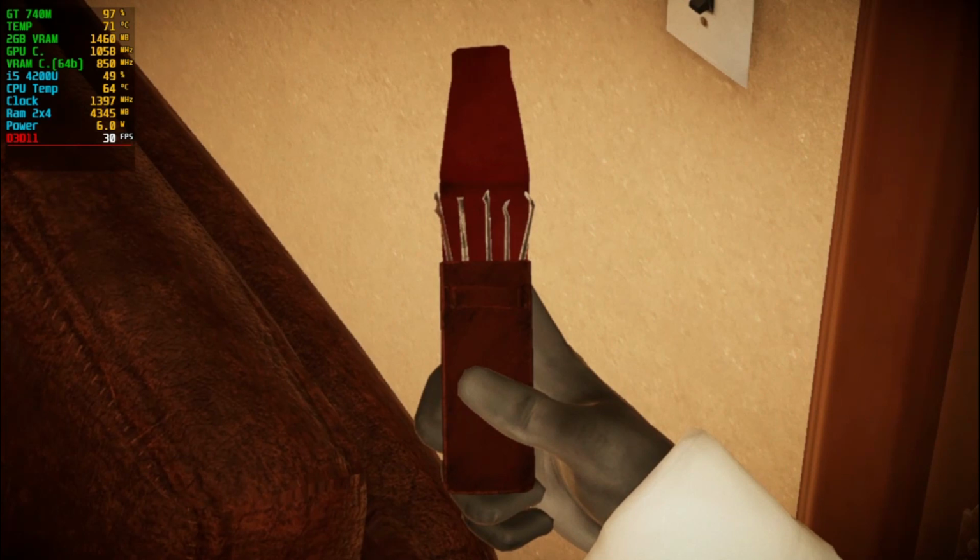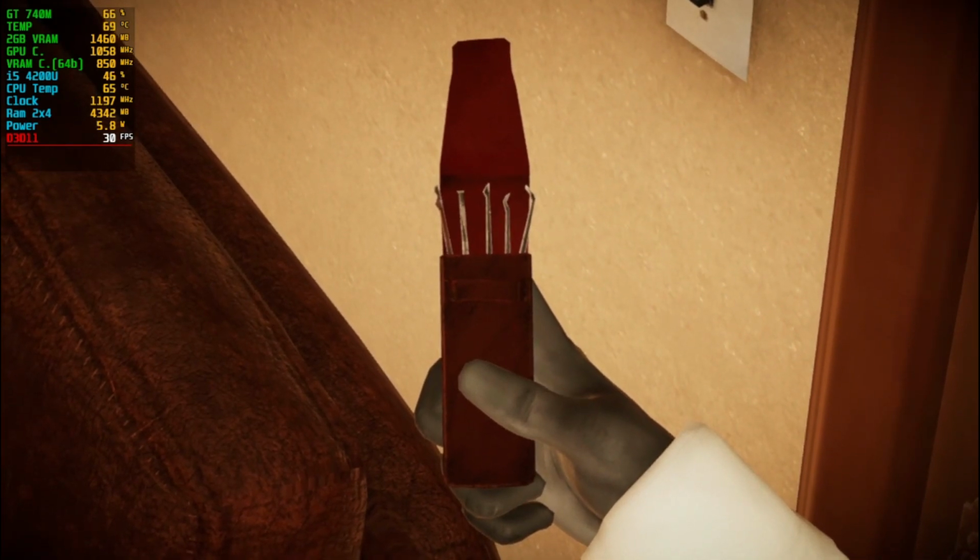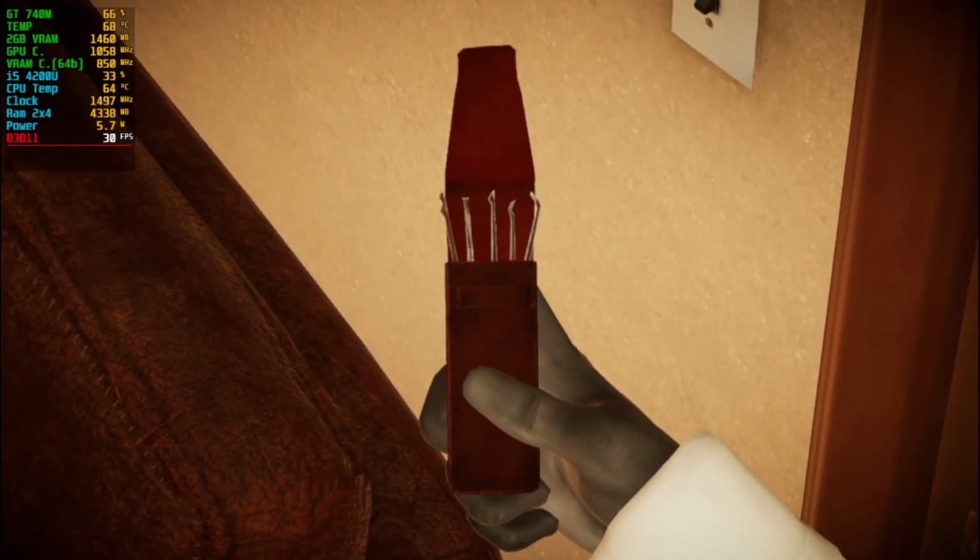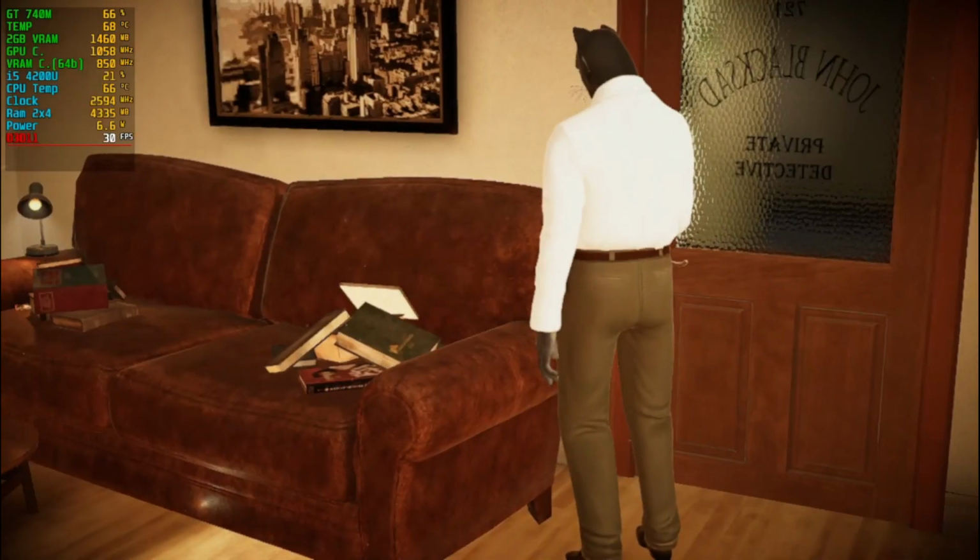Most detectives feel safe with a gun in their pocket. Me, I prefer lockpicks. At least I know these little fellows won't backfire.